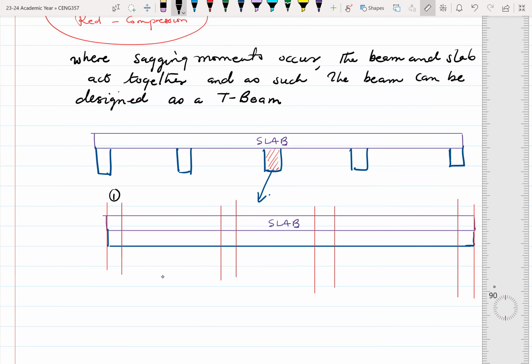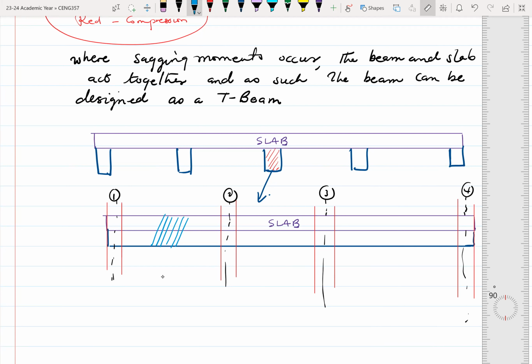Let's say maybe 1, 2, 3, 4, at the grid lines passing through this point. This is what usually happens. So if I'm looking at span 1, 2, maybe I'm designing the beam somewhere in this zone.